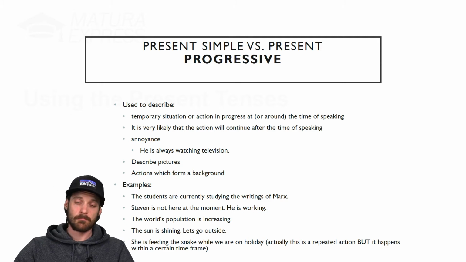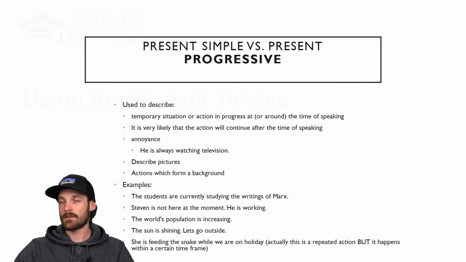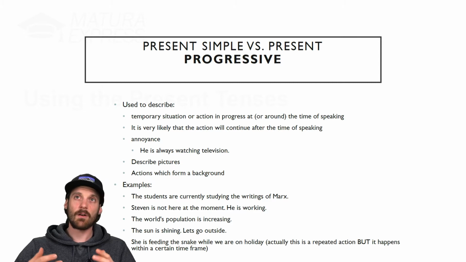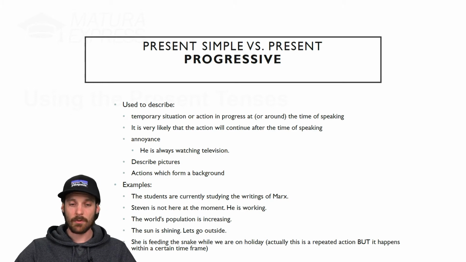Often it is used to describe annoyance. He's always watching television. In this case you'd put the emphasis on always. Of course, if you're doing a speaking exam, it's good to hear the emphasis on always, which is the adverb.